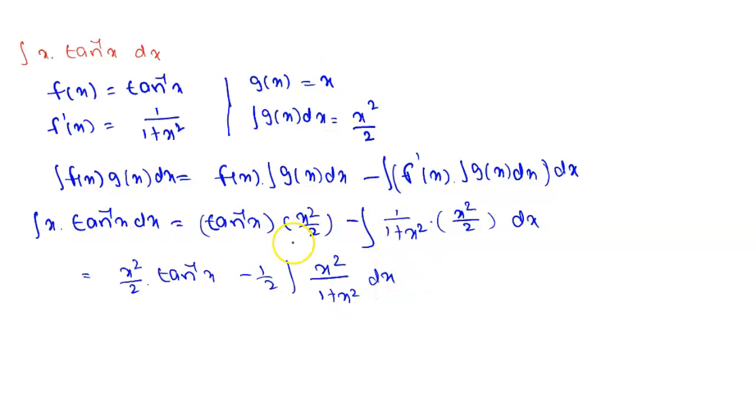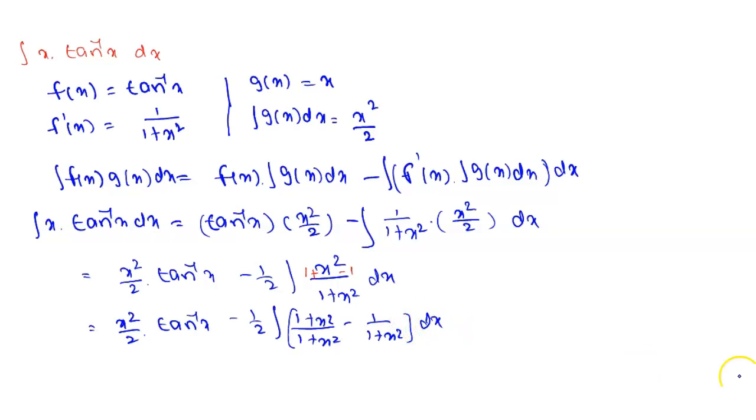Here, depending upon the denominator, we are adding and subtracting 1. So here 1 is added and 1 is subtracted. By that condition we can take this as x square by 2 into tan inverse x, right, minus 1 by 2 into 1 plus x square by 1 plus x square, I am separating the function, minus 1 by 1 plus x square dx.